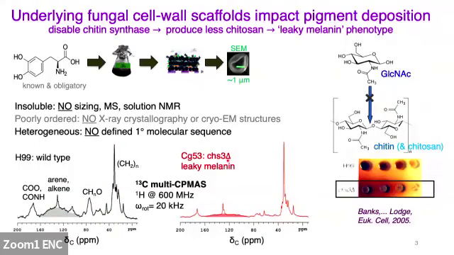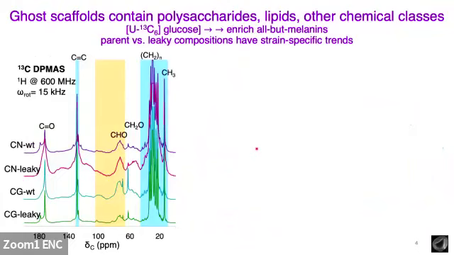So we wanted to understand what's happening there and what the role is. If we wanted to focus on the scaffold, what we did in that case was isotopic labeling with glucose. That enriches everything except the melanins because they can't eat that material.